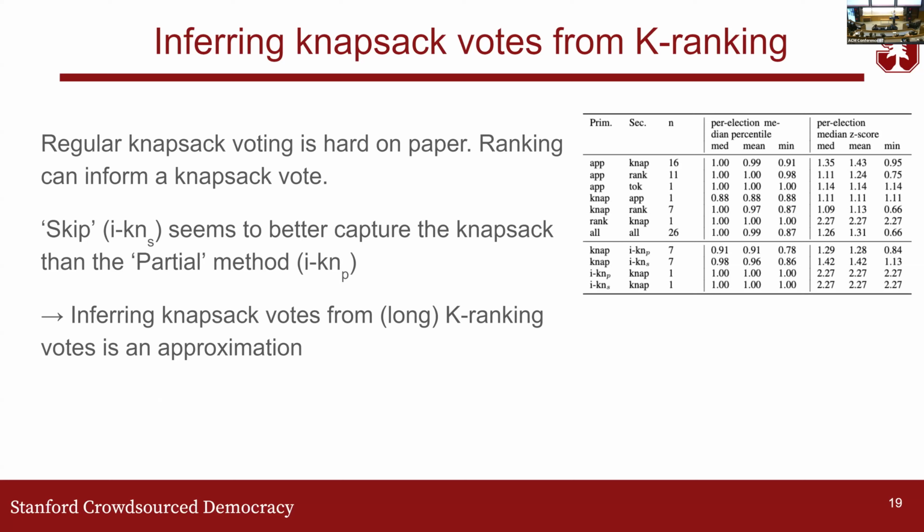If you do the math for the people, once you run out of budget, you always have some budget left. You could then either skip the next project and see if there is another project that still fits in that slot, or you could try some partial allocation. Or you could even just say, never mind, this is the end of it. And we find that the skip approach, where you skip the more expensive projects, gets closest to people's actual knapsack ballots. Fairly intuitive, perhaps, but that was good to know.